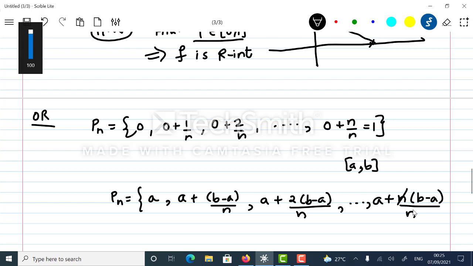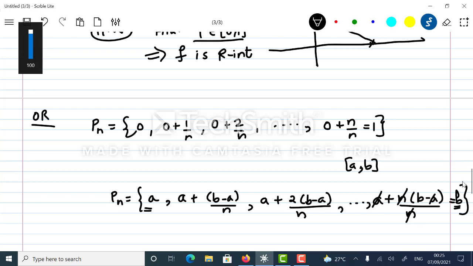You can realize the n will get cancelled, a and minus a will get cancelled, so ultimately you will have b at last. So this will be a well defined partition. Okay, this is just how general partitions should be drawn.